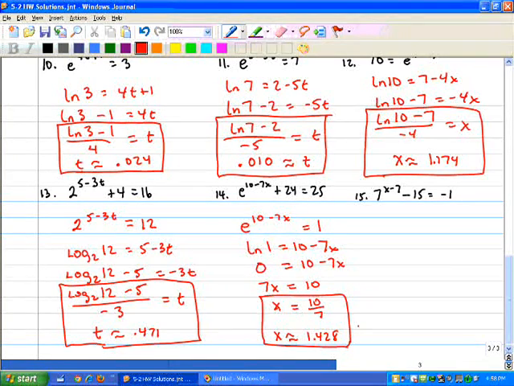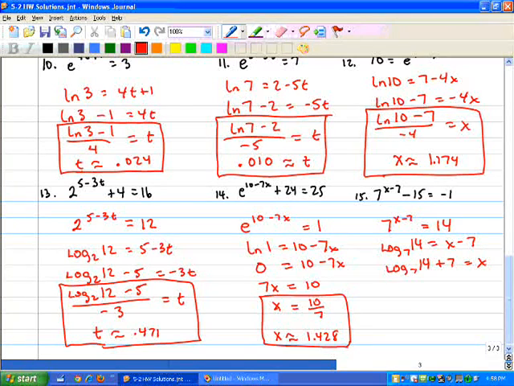We're going to do the same thing for number 15. We get the exponential term by itself. We add 15 to both sides to get 7 raised to the x minus 7 equals 14. Change to logarithmic form. Get log base 7 of 14 equals x minus 7. Add 7 to both sides and get log base 7 of 14 plus 7 equals x. That's our exact answer.